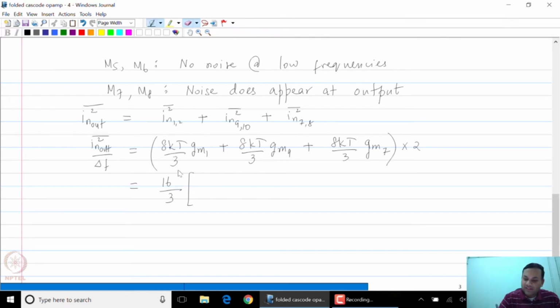So this noise is 16 kT by 3 into GM1 plus GM9 plus GM7.